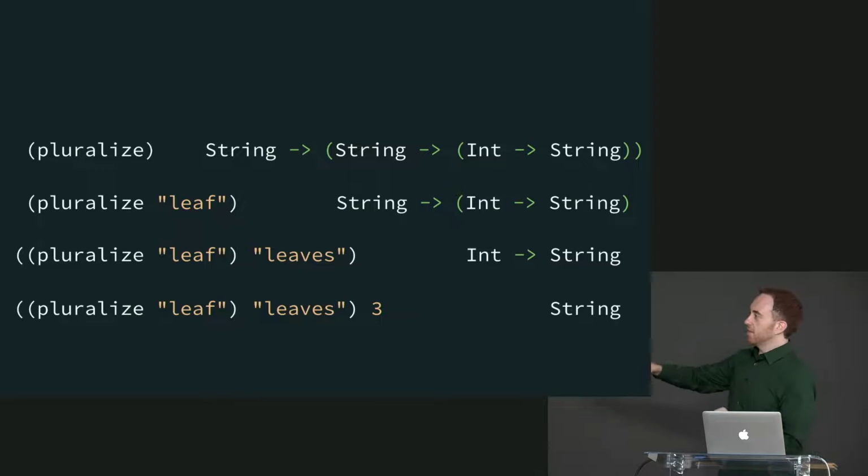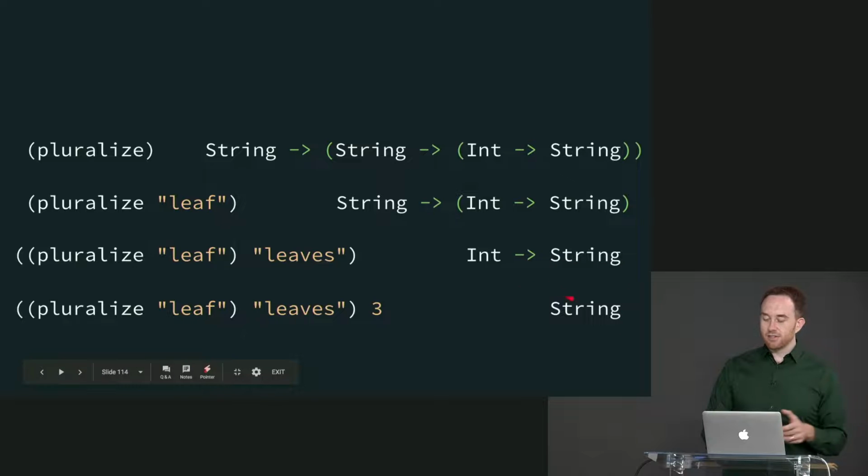So now we've sort of built it all the way up. And as we can see, in each of these cases, when we give it one more argument, all we're doing is partially applying it one more time and getting one more specific function until eventually we run out of functions and we're left with just a string.